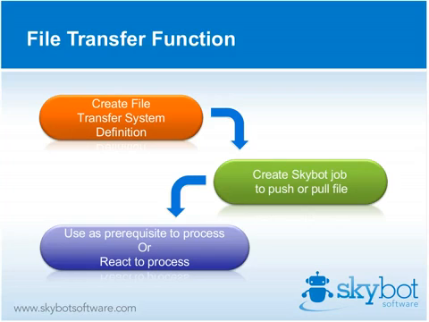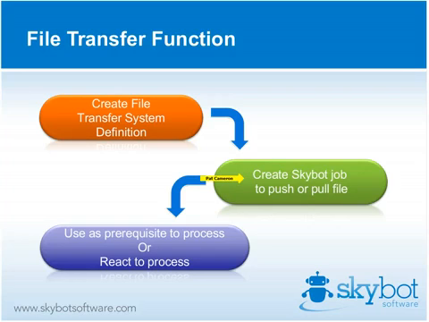So here's what you would do in order to set up a file transfer within Skybot. We would, again, define that FTP system, and then we could create a Skybot job that would either push or pull that file to or from the agent to the remote system. And the Skybot job can be scheduled anytime that you need to have that file transferred.